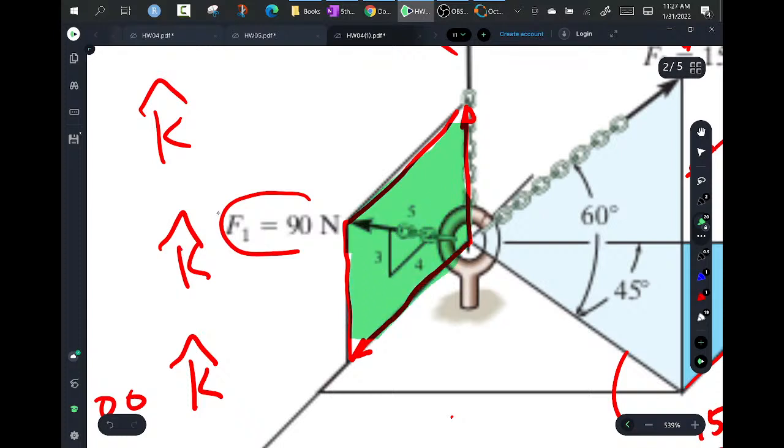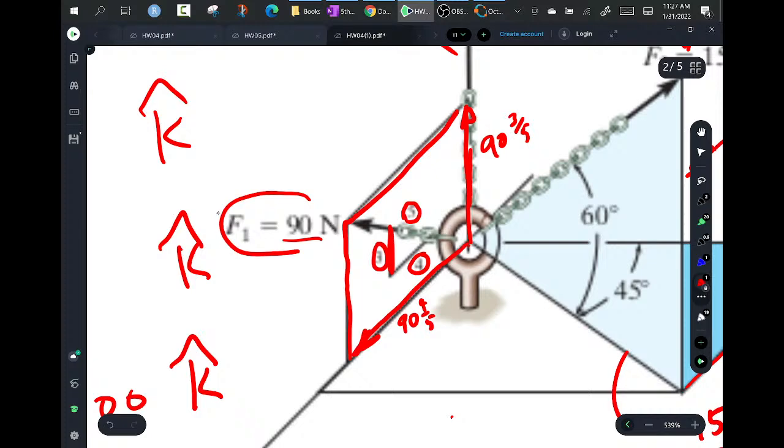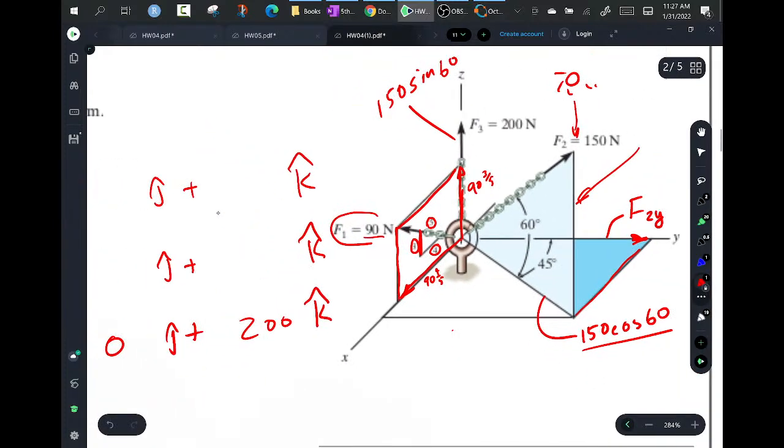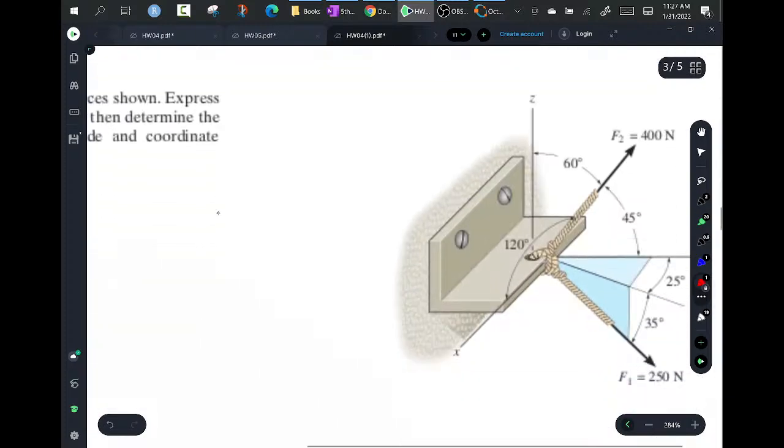This is your plane. So I lost something there. Anyway, I had a vector here. So in that, there's 4 fifths. Okay, this is 90. So 4/5 of 90 goes right here. And 3, which is going vertical, so it's this. 3/5 of 90 goes there. So you're all good there. So I'll let you hammer the rest of that out.